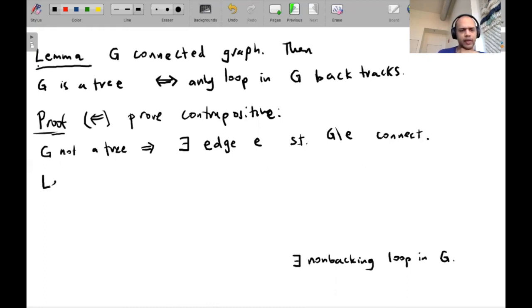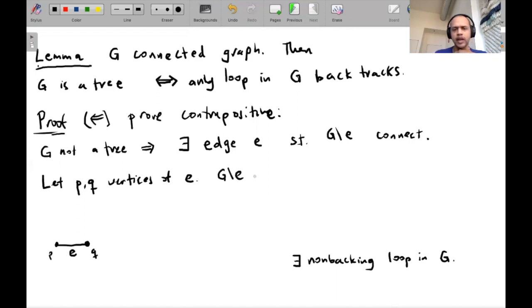So let's let P and Q be the vertices of E. So we have E and P and Q. G minus E is connected means there's a path, or a sequence of edges.